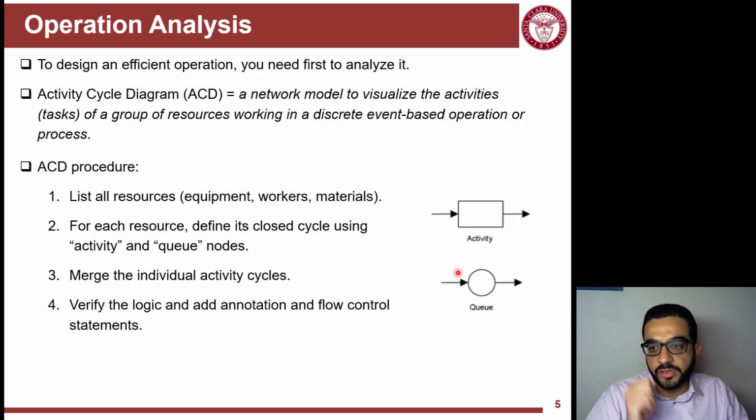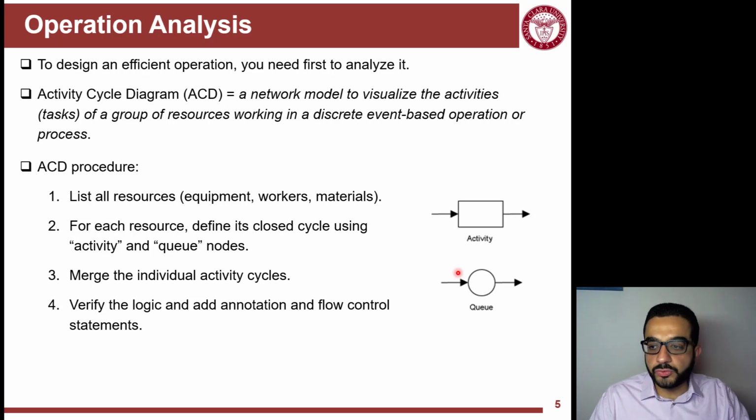So this is the process. First, you have to look at what are the resources involved in this operation. Next, you will have to define the cycle for each resource. You have to track and trace the path of this resource and see where exactly it goes and what tasks it does. And then once you identify the individual cycles of every resource, you try to see where they actually overlap, where these resources come together to do something and then depart to do the rest of their own cycles.